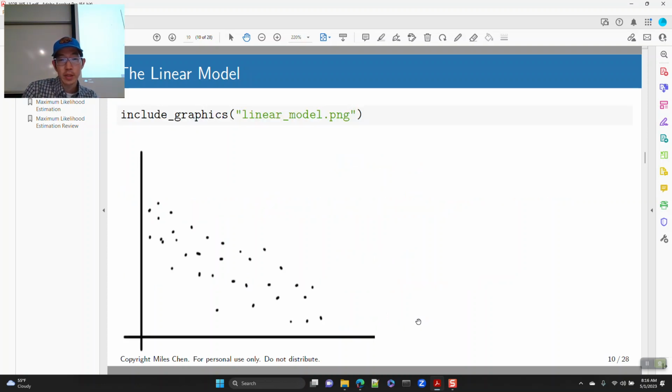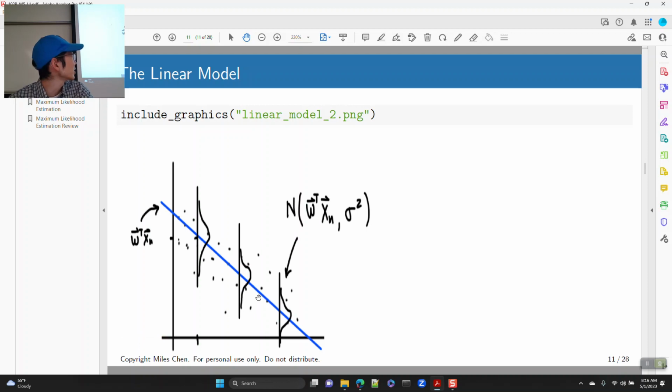This is just my rudimentary, crude graphic. The blue line represents w times xn.